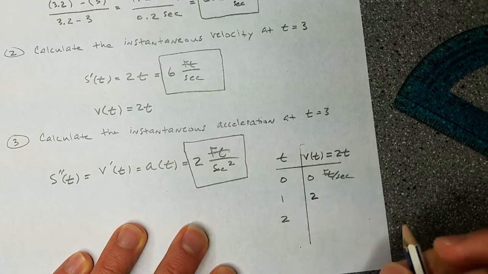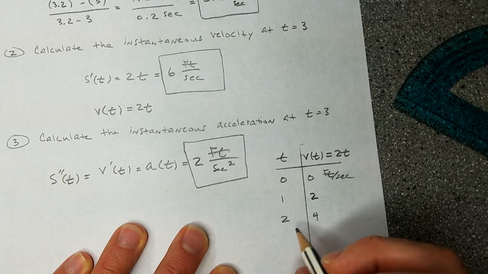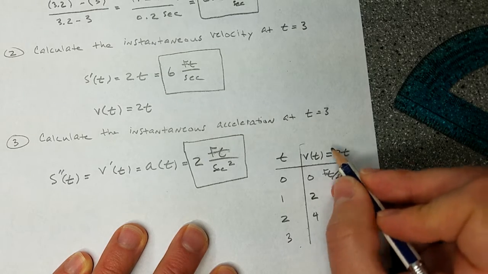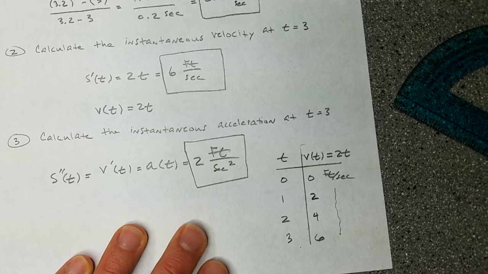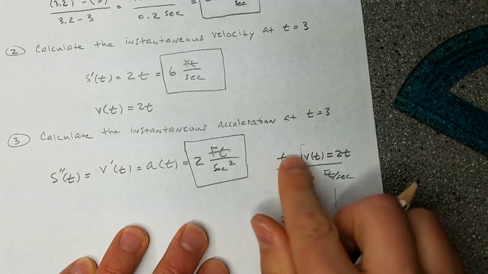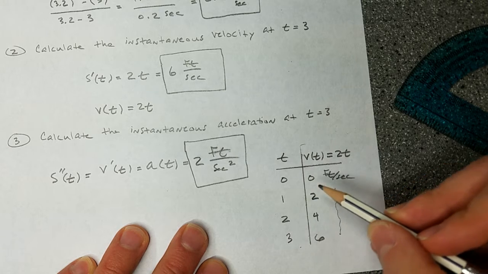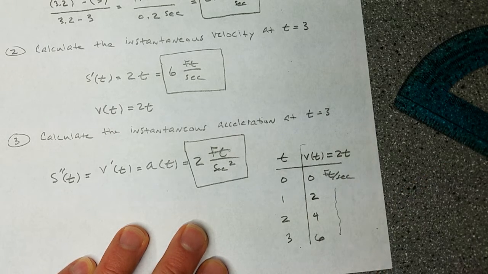When t is 2 seconds, the velocity is 4 feet per second. And when t is 3 seconds, the velocity is 6 feet per second. How does it look like it's changing? It looks like for every second, the velocity changes by 2 feet per second.